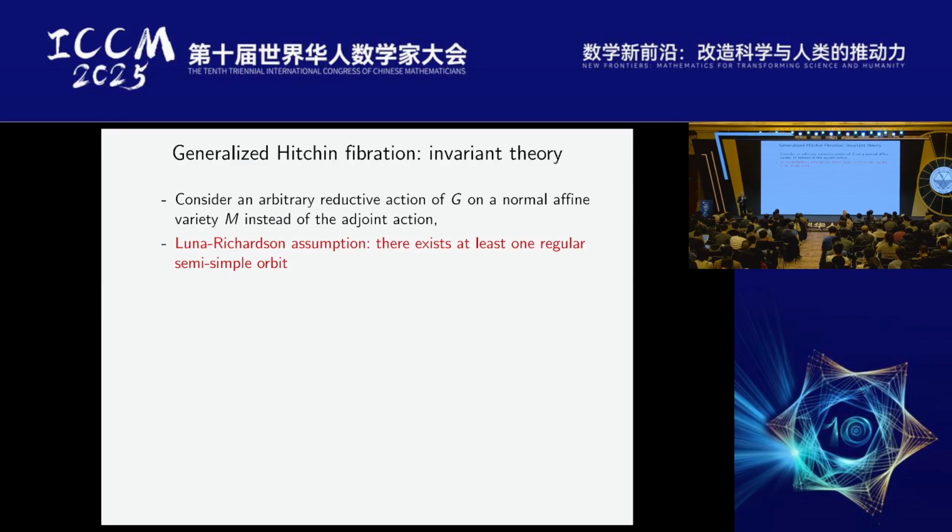So as long as there exists at least one regular semi-simple orbit, then the Chevalley theorem can be generalized, and that is called the Luna-Richardson theorem. I'm not going to state it, but the statement is not difficult to find. And for the endoscopy situation, you also want to assume that the generic stabilizer is a torus.